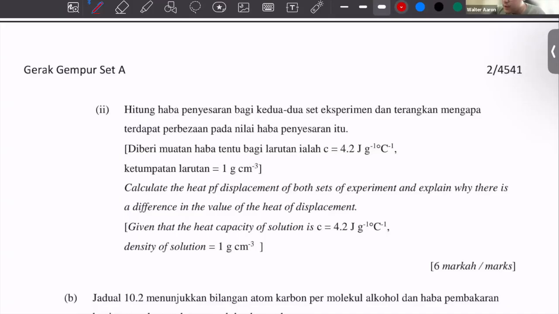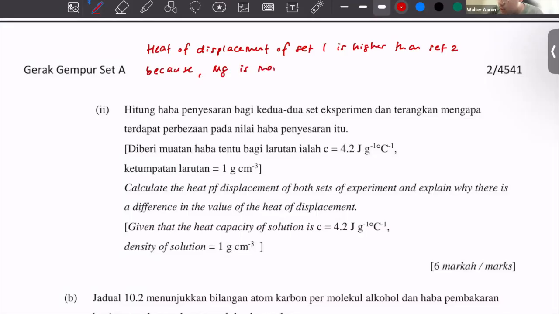So the final answer here will be: heat of displacement of Mg in set 1 is higher than set 2 because magnesium is more electropositive than zinc.